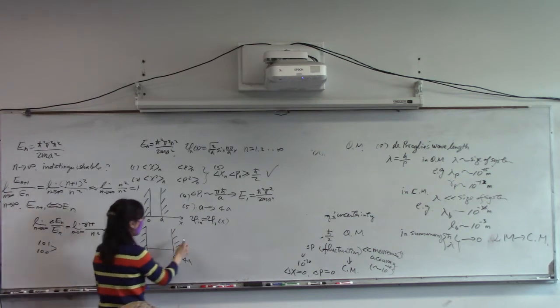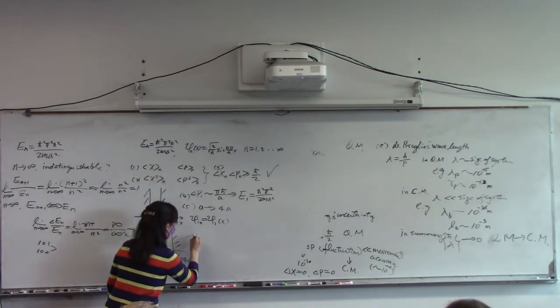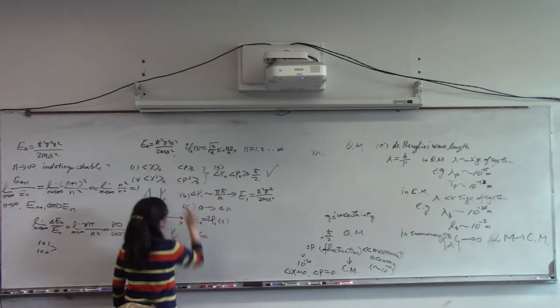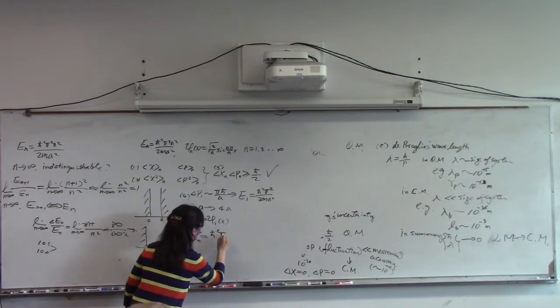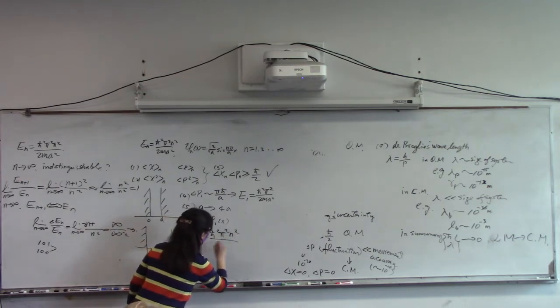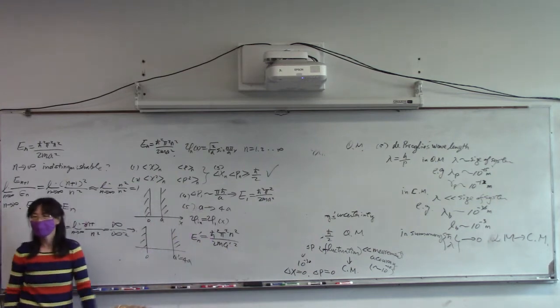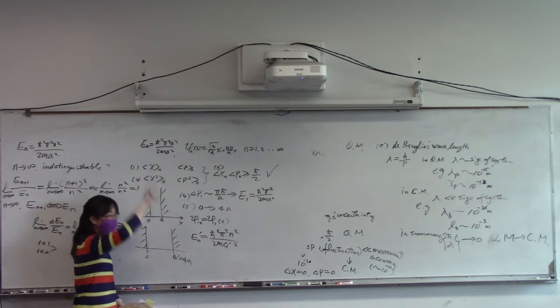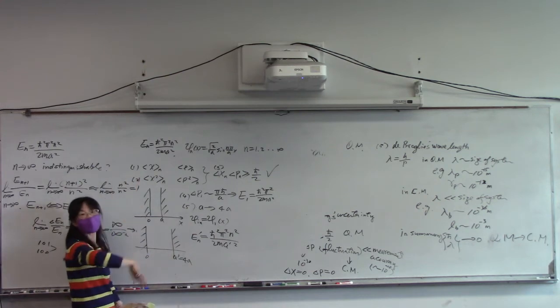Solve this system, we can do the same thing, so I'm going to use prime for this case. That is, follow the same thing, right? E = ħ²π²n² / (2ma'²), right? The difference is only that the width of this well increases, but the formula, the procedure, everything is the same, right?